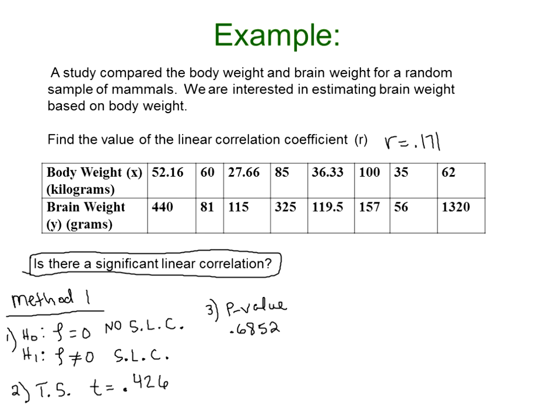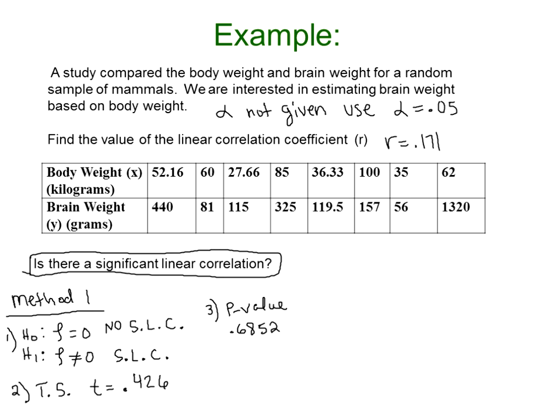So did you know what to use? When I do not give you an alpha, whether it's in Chapter 8, Chapter 9, or Chapter 10, you're always going to use 0.05. So write that down. If you didn't know that, make a note of that. If alpha is not given, I'm going to use the default, which is 0.05.